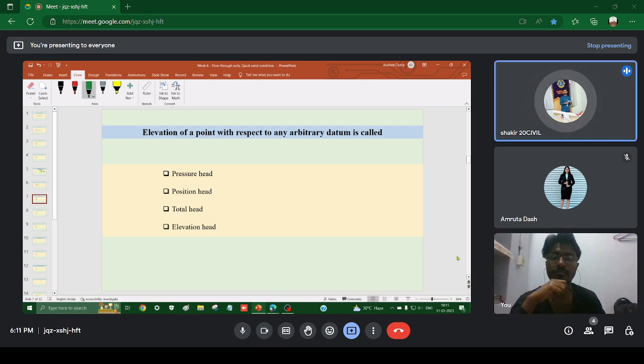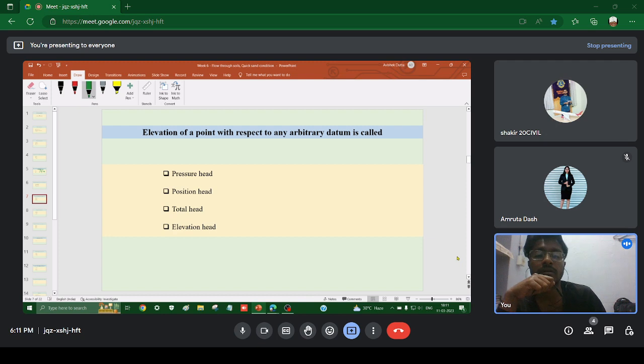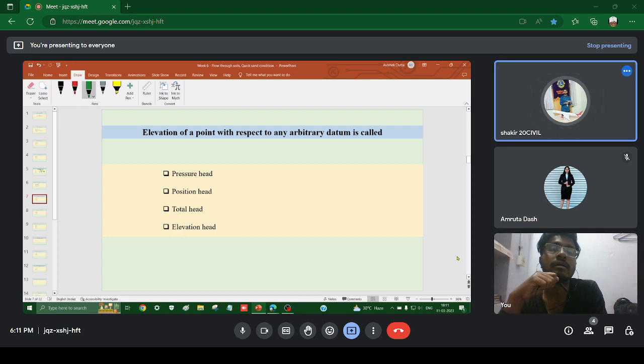No, then that means the pressure term will not be there. I am asking about elevation. That means you have to tell me the energy which the water will have just because of its position. Pressure head is the piezometric head, right? Yes, sir. The height to which the water level will rise in the piezometer, right? So that is ruled out.